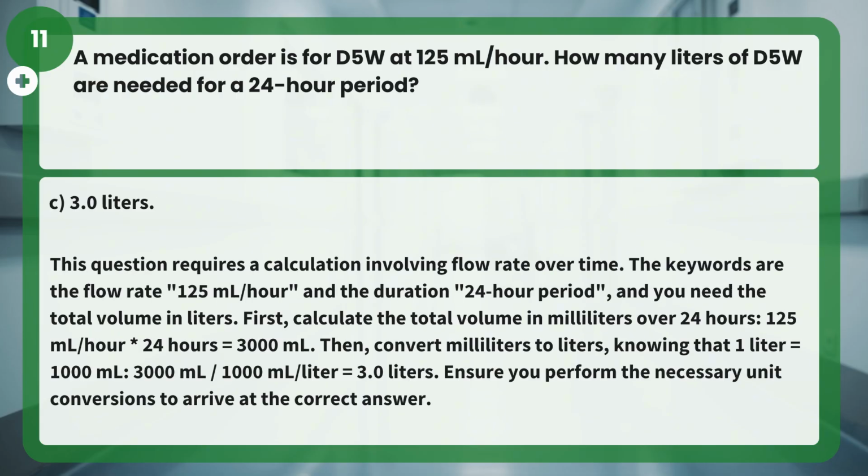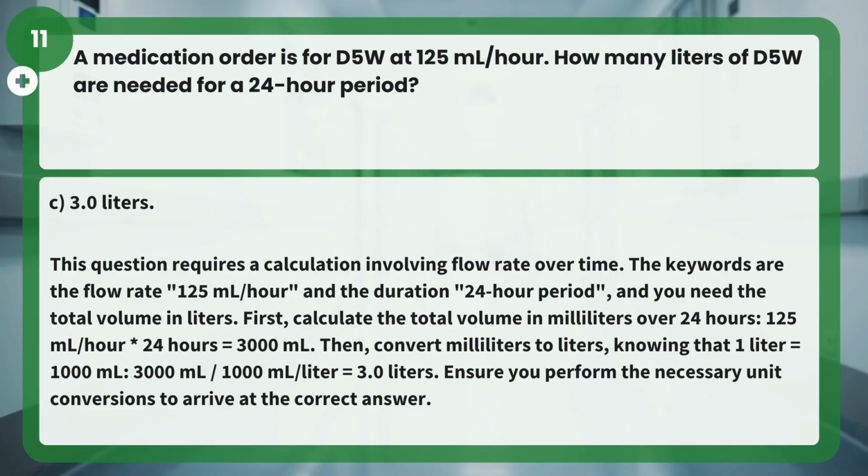Answer C. 3.0 liters. This question requires a calculation involving flow rate over time. The keywords are the flow rate, 125 milliliters per hour, and the duration, 24-hour period, and you need the total volume in liters.